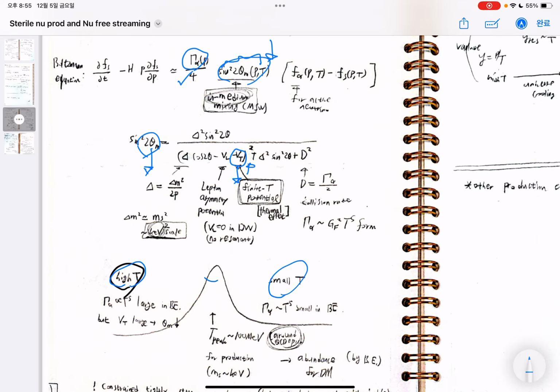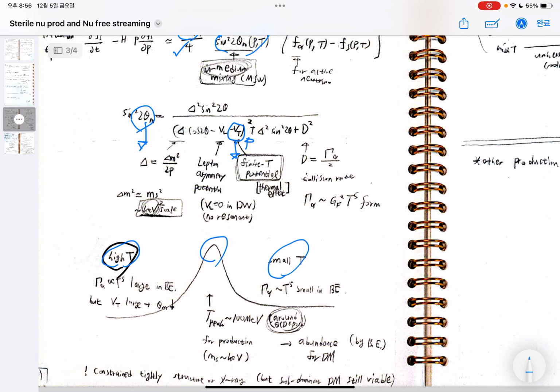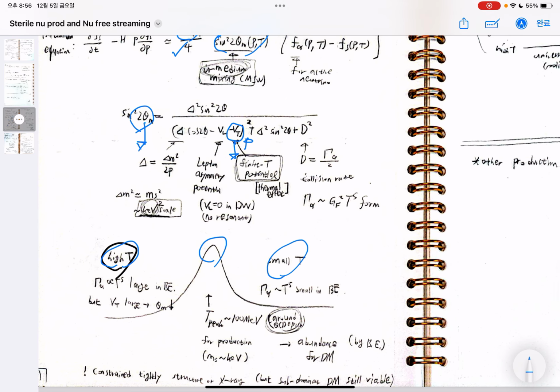So there will be some peak at specific temperatures. At that time, the right-hand side of the Boltzmann equation becomes bigger, so the production of the sterile neutrino is enhanced, and this can explain the abundance of the dark matter by solving the Boltzmann equation.